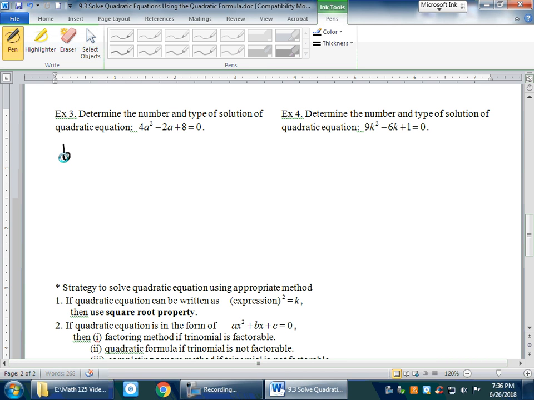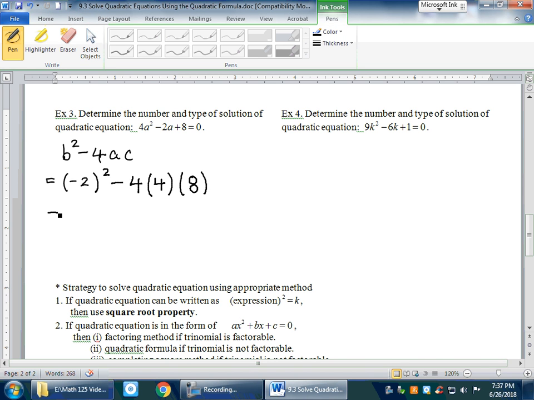So the discriminant will be b squared minus 4 times a times c. We are looking for that value. That is, my b will be negative 2 squared minus 4 times my a will be 4 and my c will be 8.